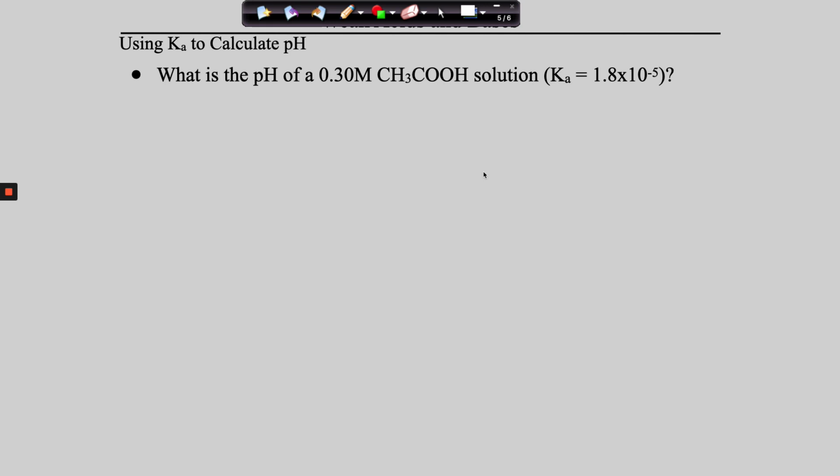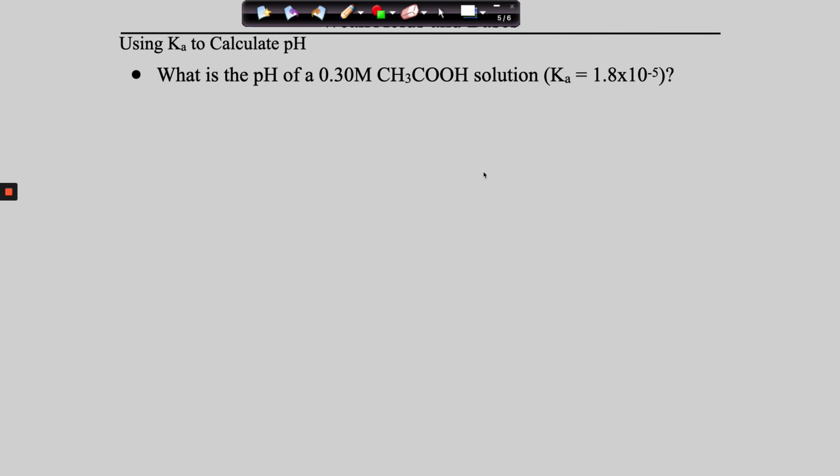Guys, if you're looking at this and thinking, I get ICE boxes, I know what I'm doing, please, this is important. The question we're now asking, which is relatively non-threatening until we get into it, is what is the pH of a 0.3 molar vinegar solution?